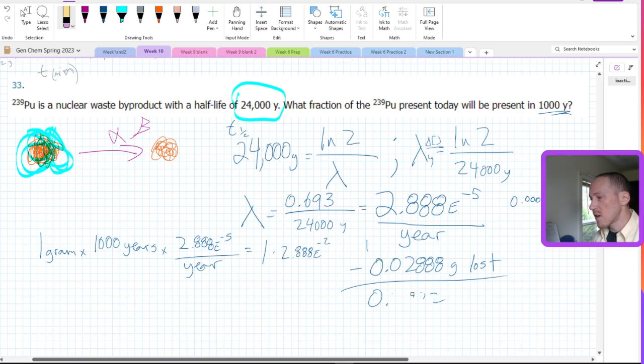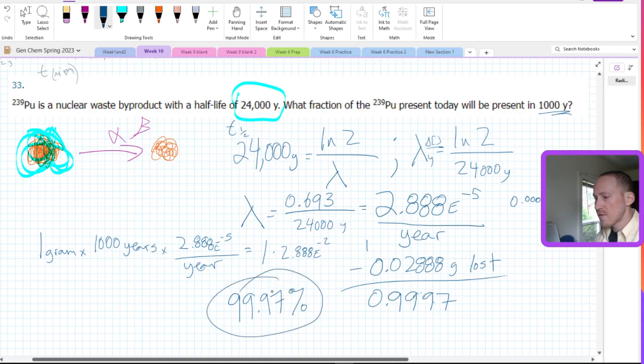So after 1,000 years, from your initial gram, you would still have that many grams left, which makes sense because it takes 24,000 years to lose half. So after 1,000 years, you would have basically 99.97% of your sample left. You'd have 0.997 out of 1 grams left.